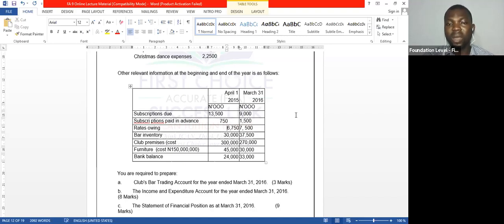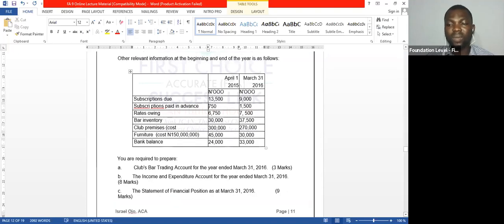That's what we are required to calculate in our trading account. And I explained the reason why we normally pick the net figure that we are going to show as our income under our income and expenditure account. It is the net figure that will be displayed under our income and expenditure account.